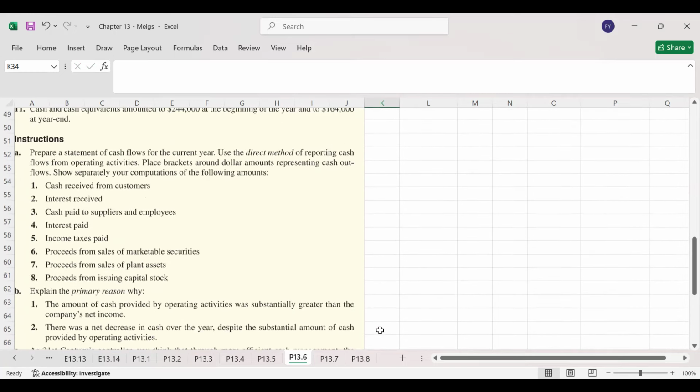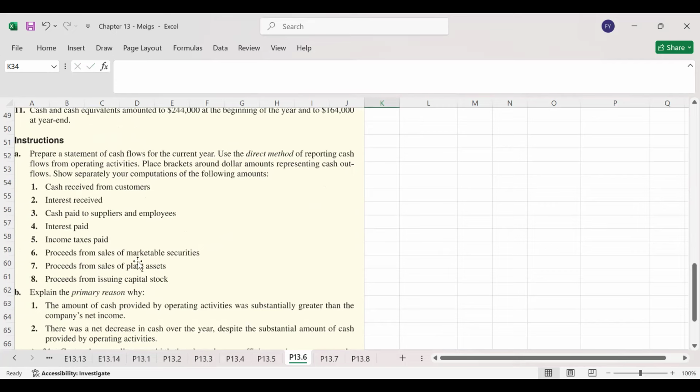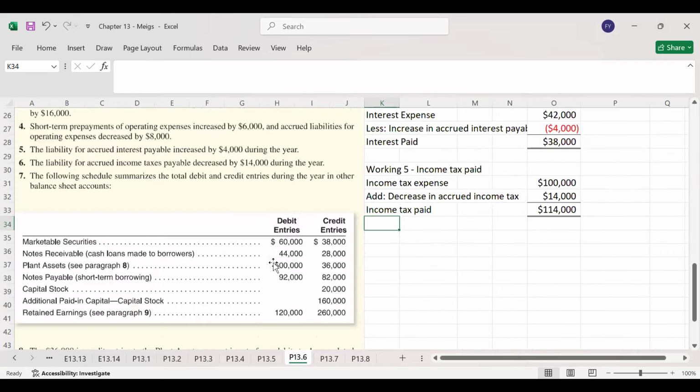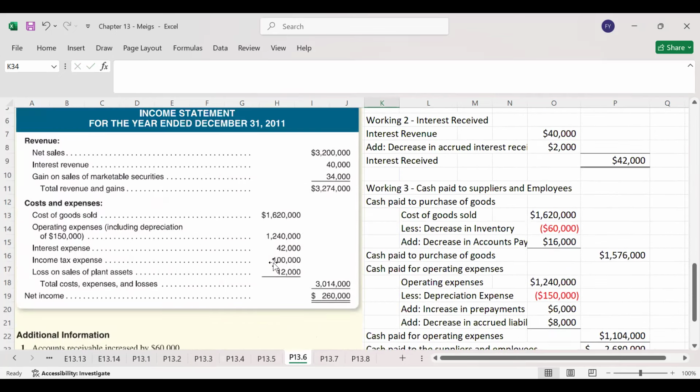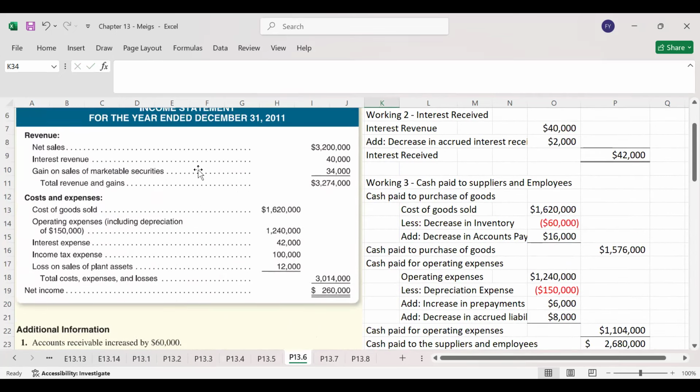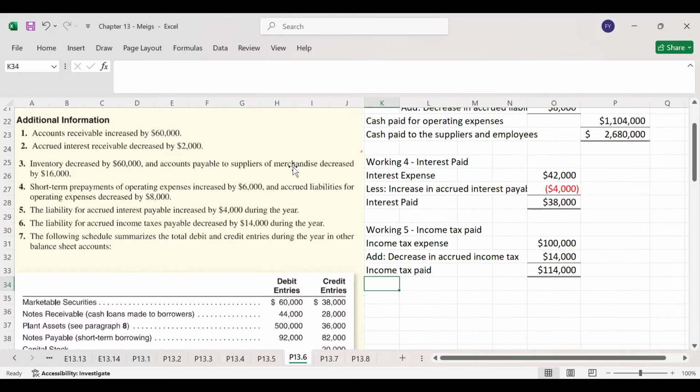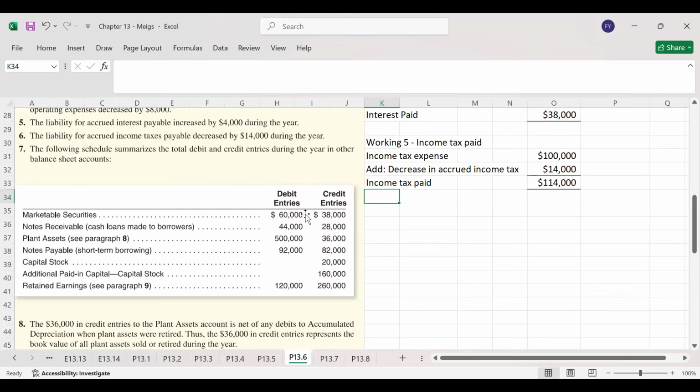The next working is proceeds from sale of marketable securities. So we have gain on sale of marketable securities. We have this data, and then we can see that we have a debit account which is $60,000.